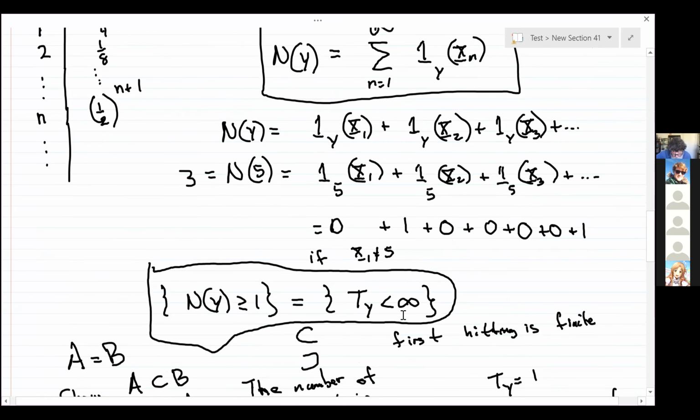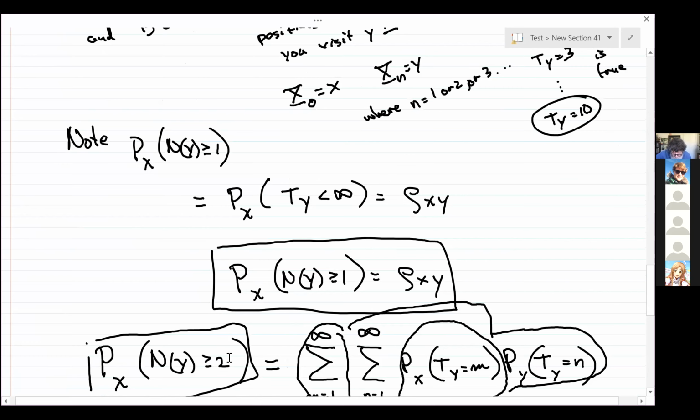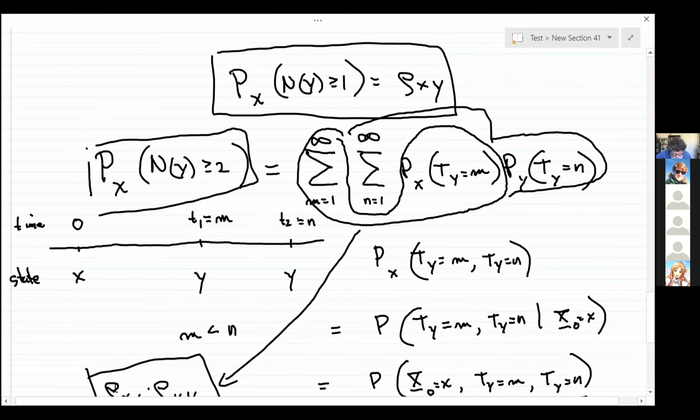And that led to what? Conditional probabilities of both of them led to this conclusion that if you start at x, the probability that the number of times you visit y is bigger or equal to 1 is just rho xy. And then we tried to do this replacing 1 by 2. And just without going through the details, the answer turned out to be this.